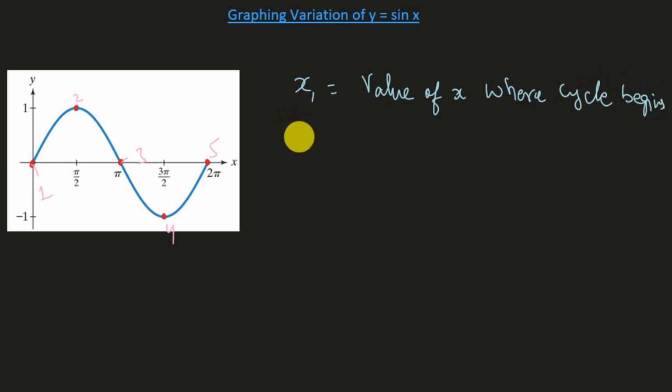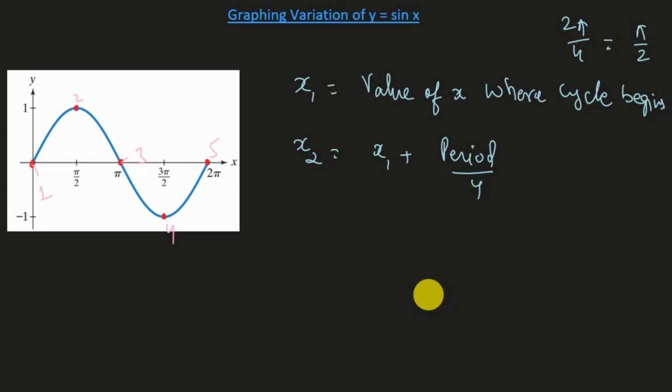Now to find x2, add x1 with the period divided by 4. Here the period is 2 pi, so add x1 with 2 pi by 4, which is pi by 2. Now to find x3, x2 plus period by 4.